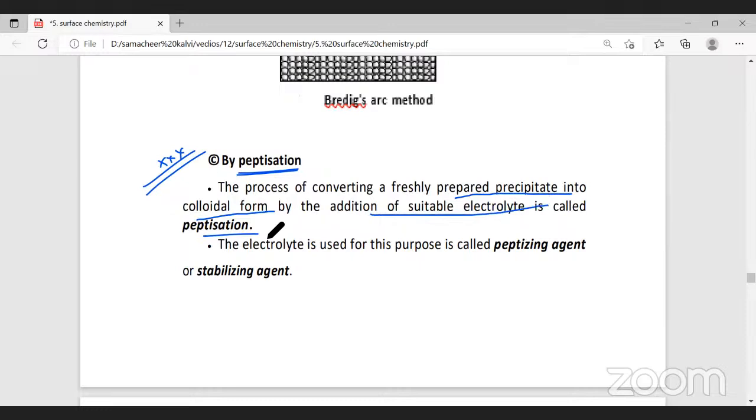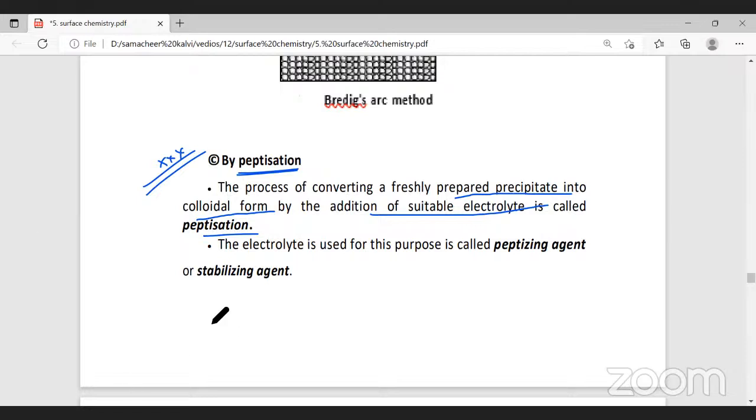What is peptization? A process of converting a freshly prepared precipitate into a colloid by a suitable electrolyte is called peptization.